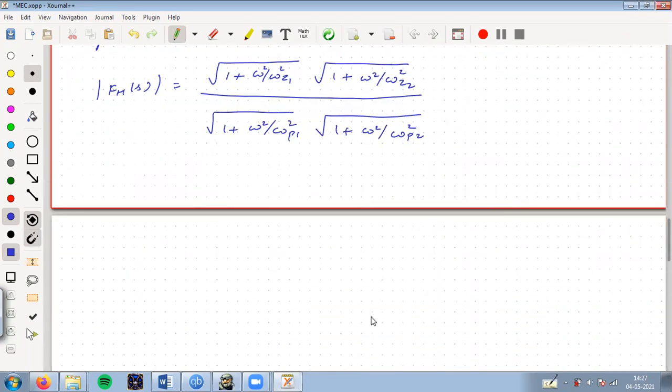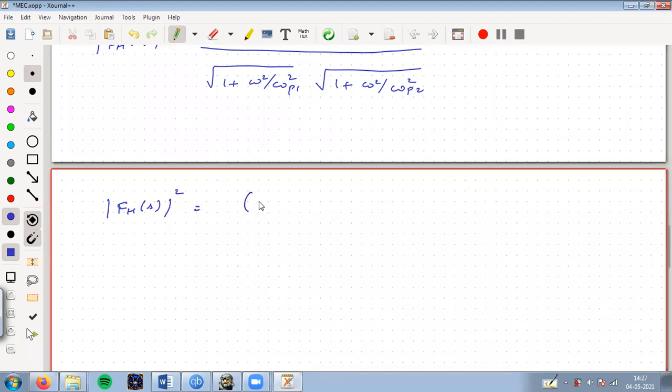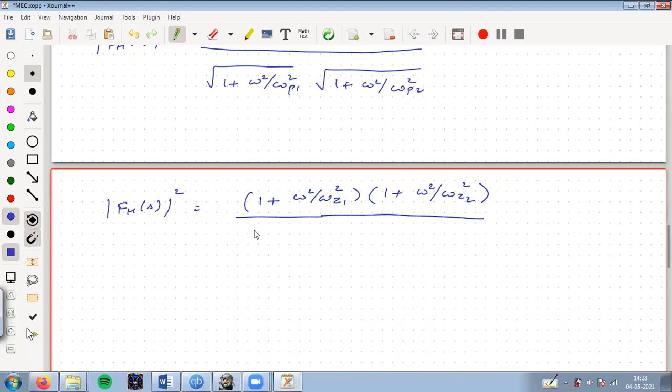If I take the square on both sides, the squared magnitude, I will write fh of s whole square is 1 plus omega square by omega z1 square, 1 plus omega square by omega z2 square, divided by 1 plus omega square divided by omega p1 square, 1 plus omega square divided by omega p2 square.